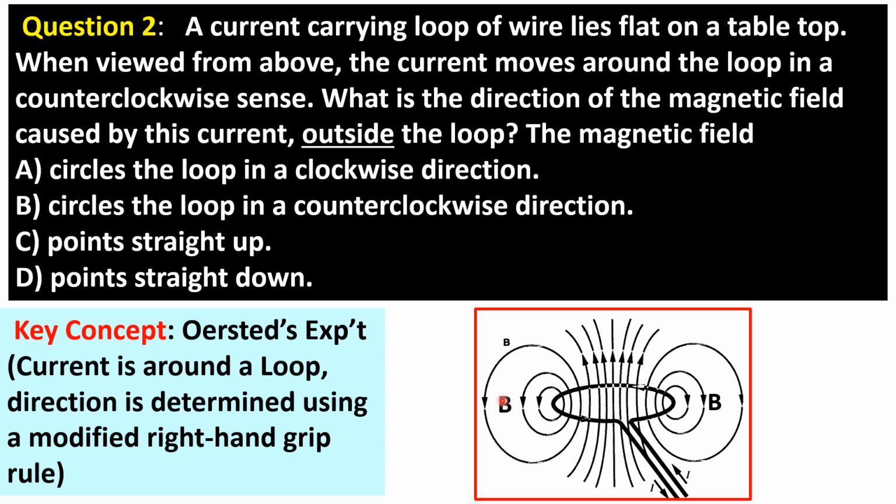So, what do you think is our best answer to describe the direction of the magnetic field exactly outside the loop, not inside but outside? We say that it points straight down, outside. It doesn't matter which part of the loop outside, whether it is to the left or to the right.